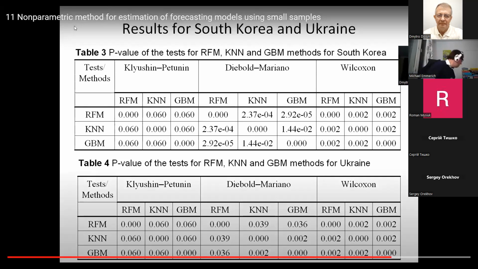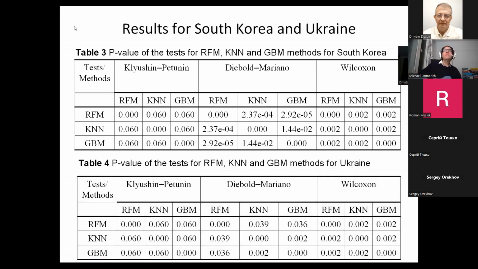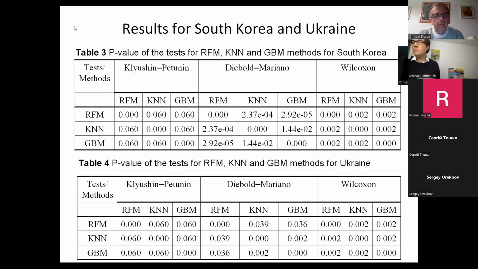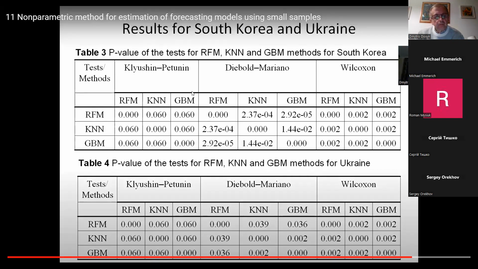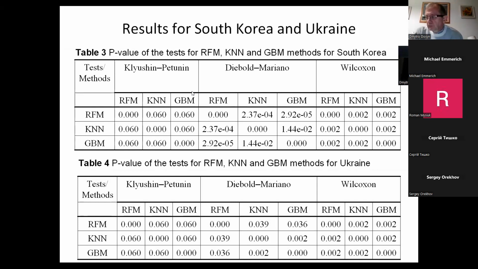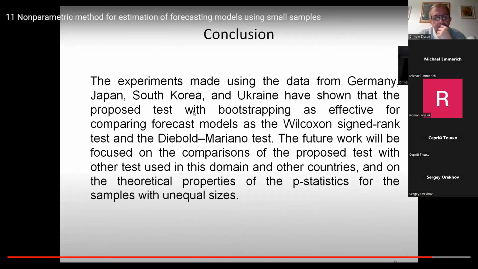But we see that the Kolmogorov-Smirnov, Petunin, Diebold-Mariano, and Wilcoxon tests have different p-values, such that we don't see the difference between the random forest, KNN, and gradient boosting models, because the p-statistic is greater than 0.6, but in other cases we did see this difference.